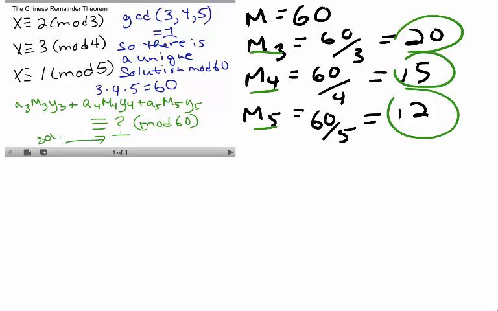Next, let's determine our values of A. A sub 3 is equal to 2, because that's the remainder for mod 3.